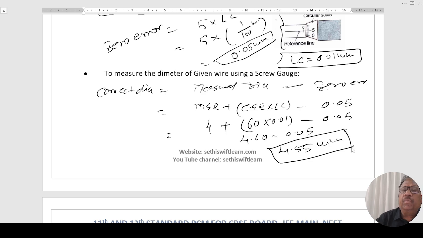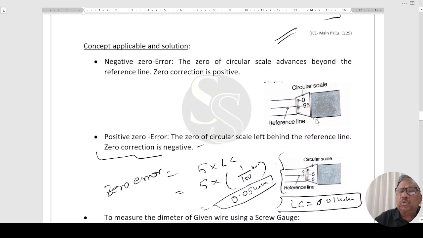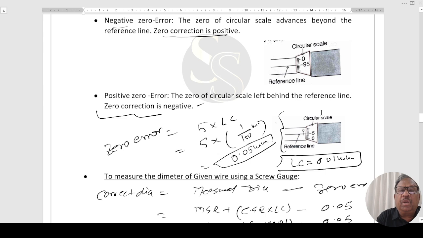This comes out to 4.5 mm. The correct option is 4.5 mm. A is the correct option. If negative error came, we would add it. Negative zero error means zero correction is positive, and positive zero error means zero correction is negative. Right? Next question.